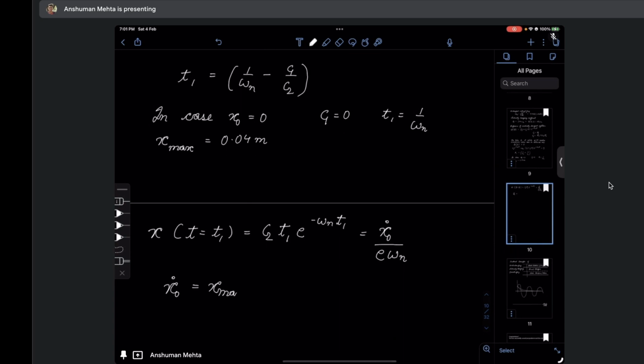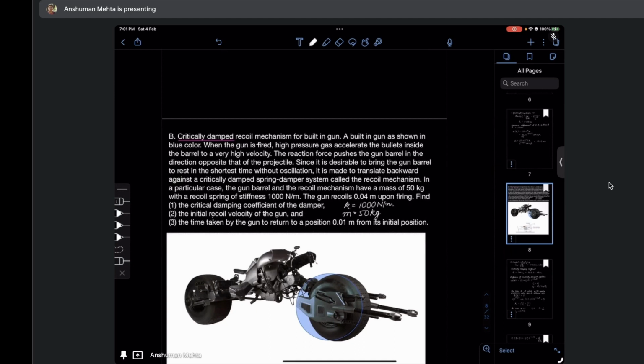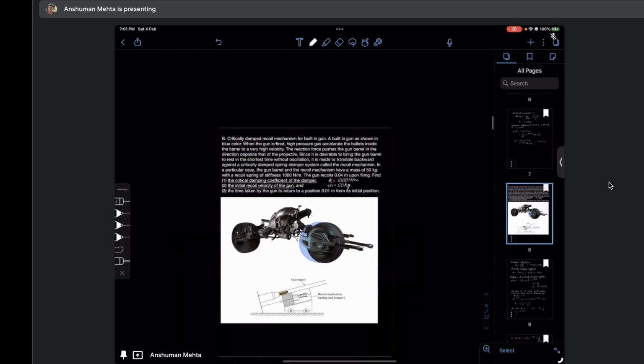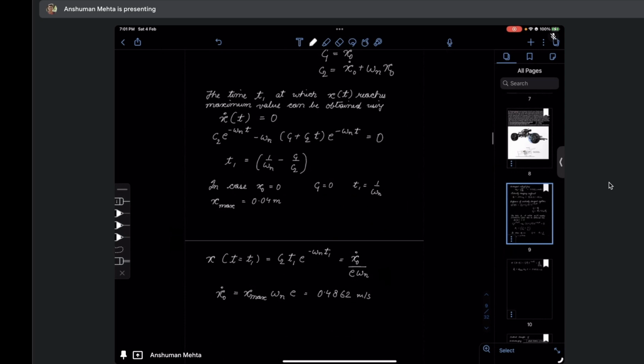From that we can find out x naught dot is equal to x max omega n e, which is 0.4862 meter per second. So this is what our gun is producing, the recoil velocity, and we can also observe that it is less than what the absorber can absorb. So we are on the safer side, like Bruce Wayne will be protected.